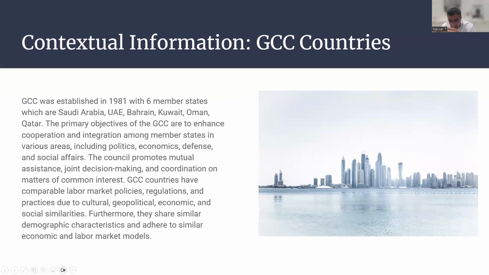The context of this study is the Gulf Cooperation Council countries, which was established in the early 1980s. To be precise, it was established in 1981, with 6 member states, including UAE, Saudi Arabia, Bahrain, Kuwait, Oman, and Qatar.